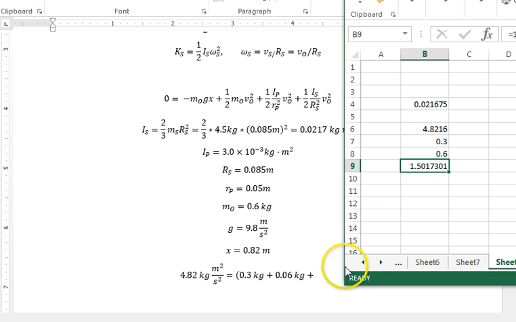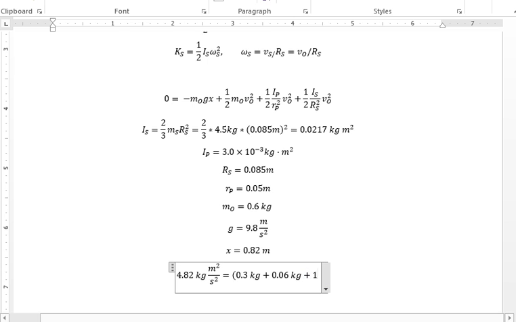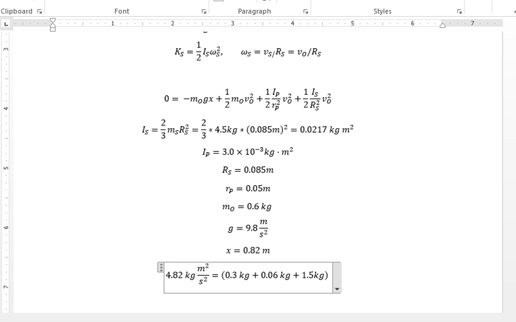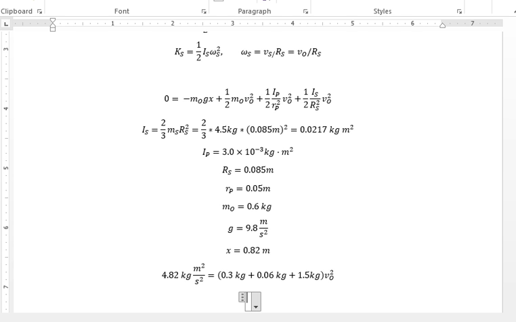Okay, which is 1.5 kilograms, all times v naught squared, v of the velocity of the object squared.